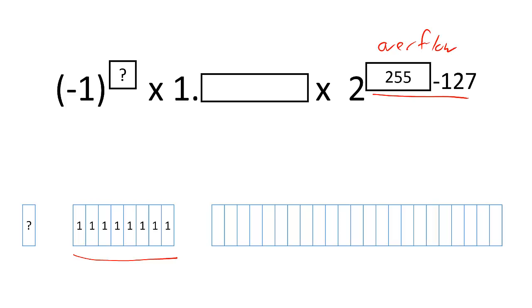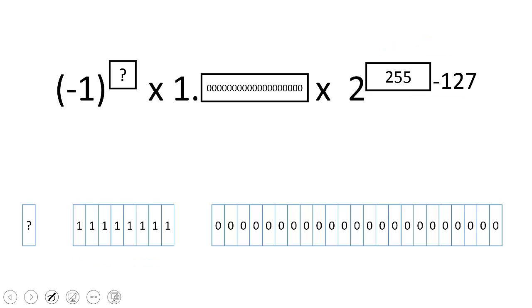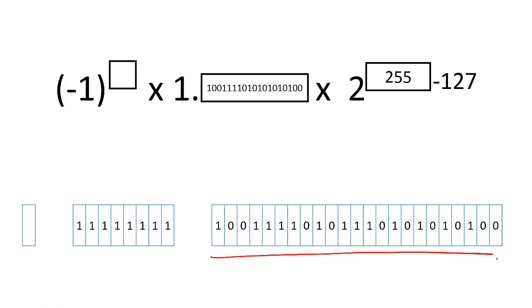For these numbers, we have two cases. First, if the mantissa is all zeros, then we interpret the number to be positive infinity or negative infinity, depending on the sign bit. Second, if the mantissa is non-zero, then the representation is interpreted as being an error with the notation NaN, not a number.